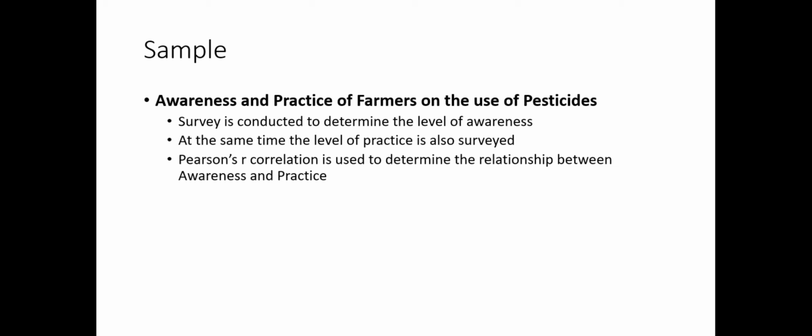You can have a study about awareness on the use of pesticides and practice of the use of pesticides. So, in this process, a survey is conducted to determine the level of awareness first, while at the same time, the level of practice is also being surveyed through a Likert scale. Now, Pearson's r correlation is used to determine the relationship between awareness and practice.